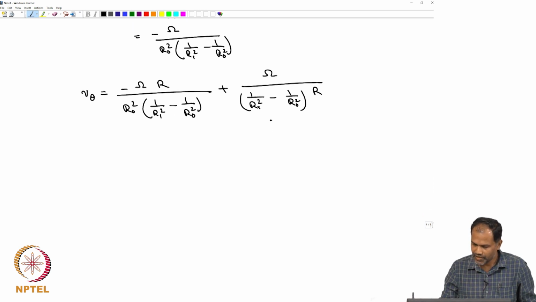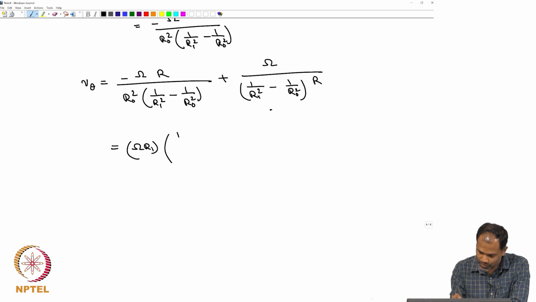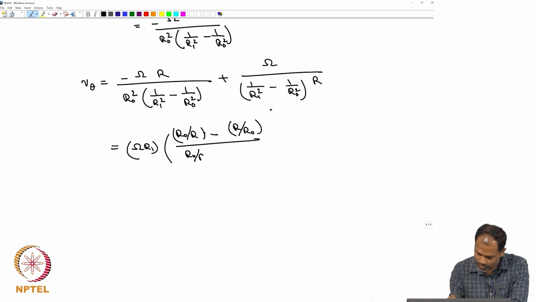If you want, you can rearrange that expression. You can do it yourself, and a nicer way to represent it would be omega times Ri into Ro by Ri minus r by Ro, divided by Ro by Ri minus Ri by Ro.